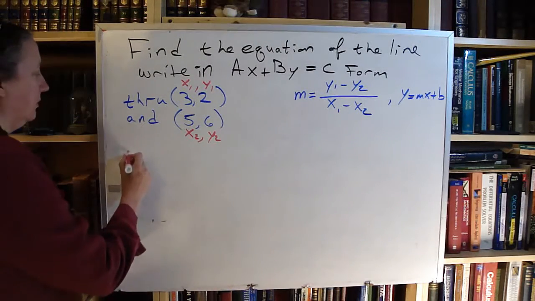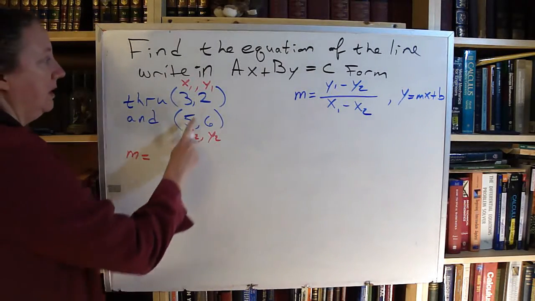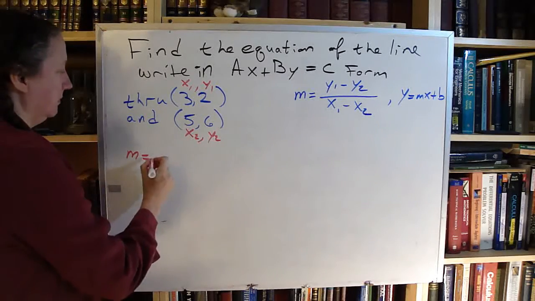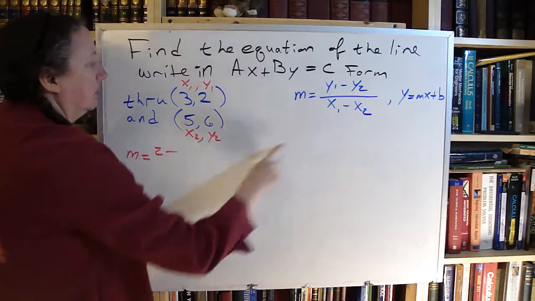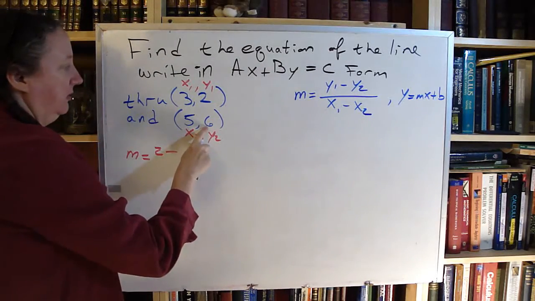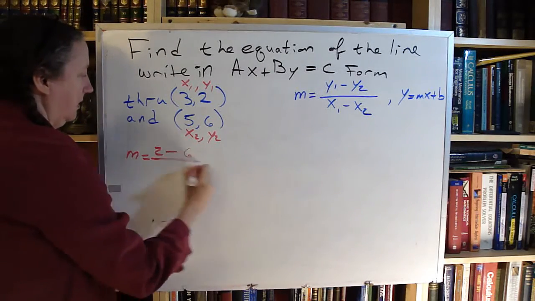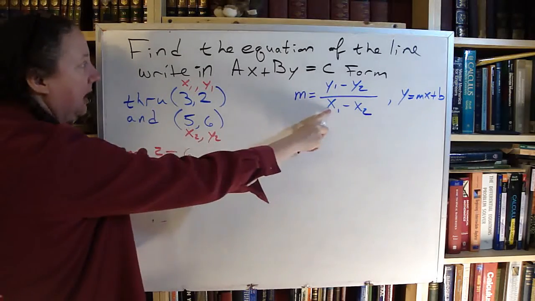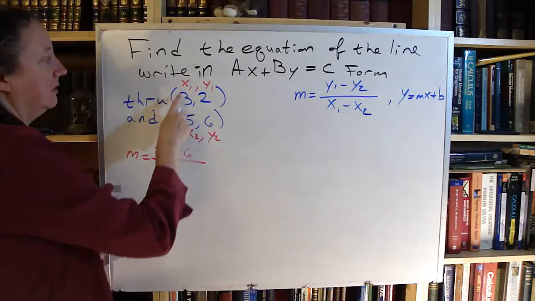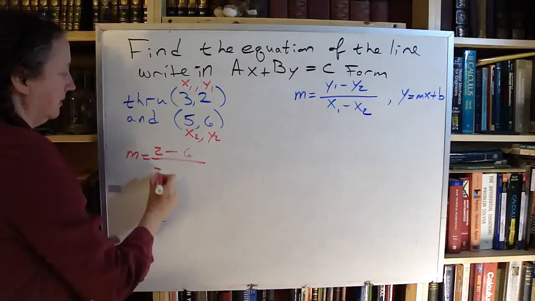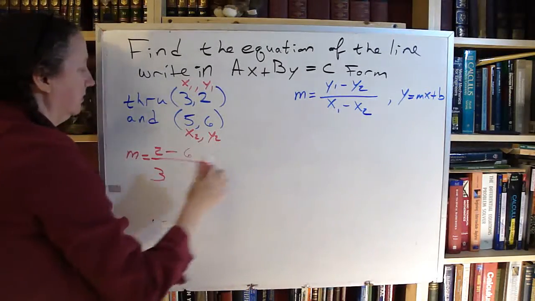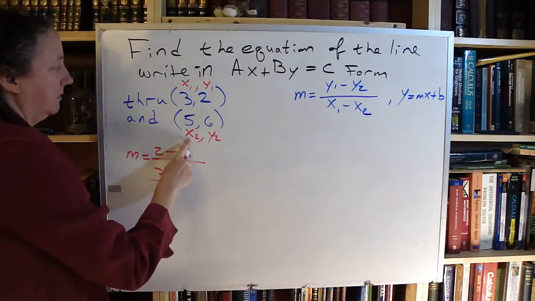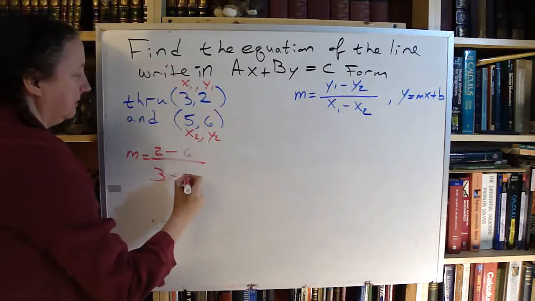So m equals y1, 2, minus y2, 6, over x1, 3, minus x2, 5.